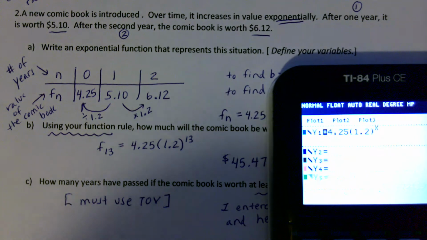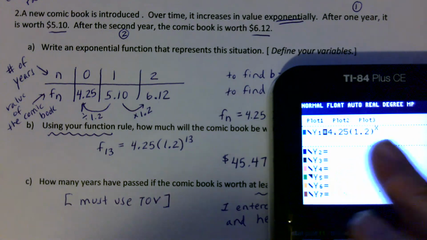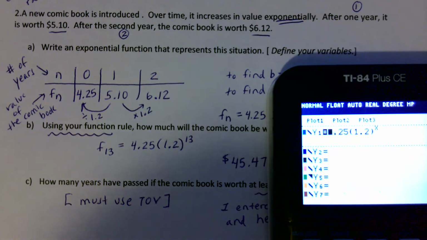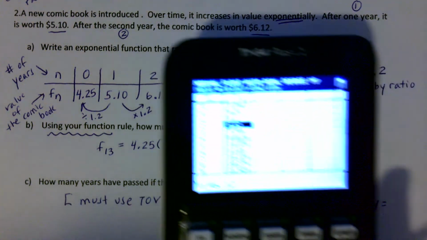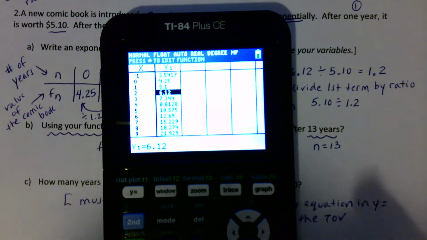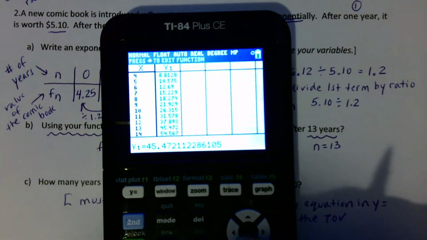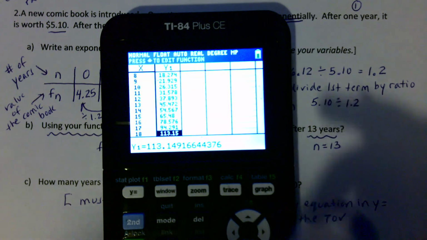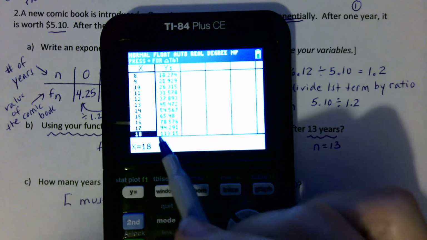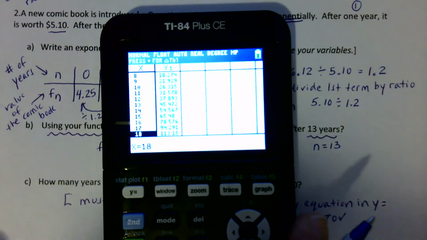We go to y equals. We already have our equation in there. We go to our table of values, and we look for when that comic book will be worth at least $100. Okay, getting closer. And finally, in the 18th year, it is over $100.